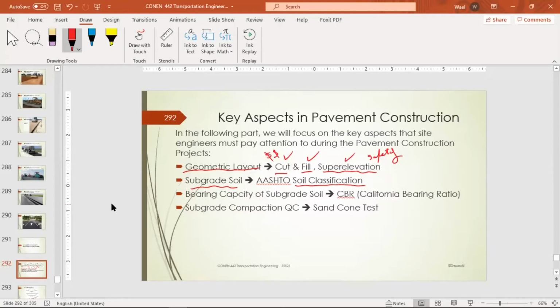And there is the bearing capacity of subgrade soil, through the CBR, and there is the subgrade compaction quality control. This is a very important test during construction of pavement, regardless of whether it's rigid or flexible: the sand cone test to measure that the compaction is sufficient and the layer reached the density that we need.